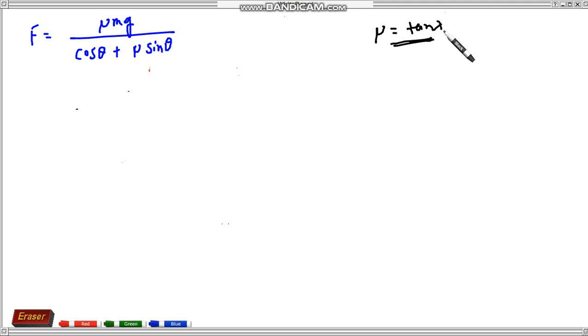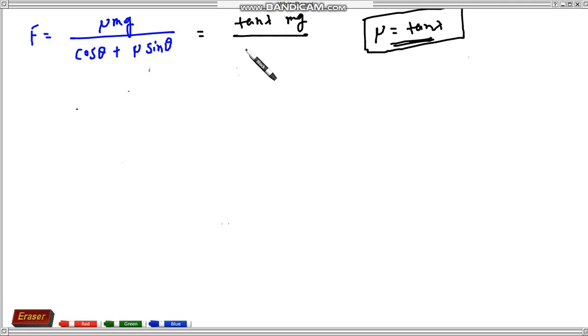This condition is satisfied at a limiting condition, limiting frictional force, so you can use this easily. So F will be tan lambda into mg divided by cos theta plus tan lambda into sin theta.